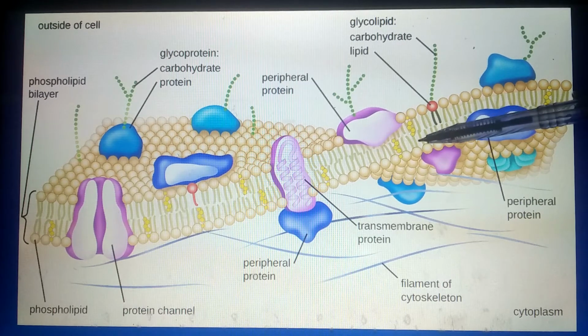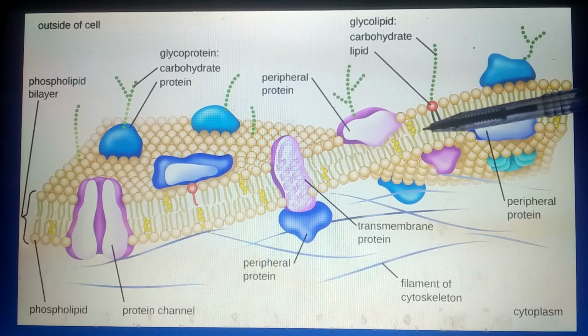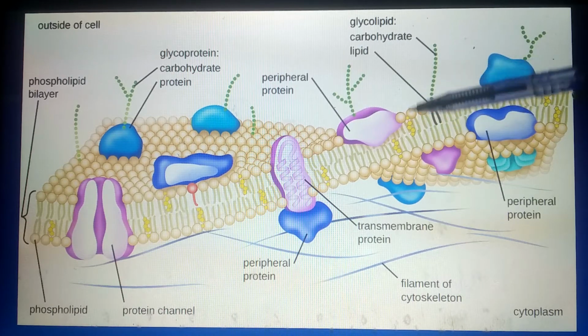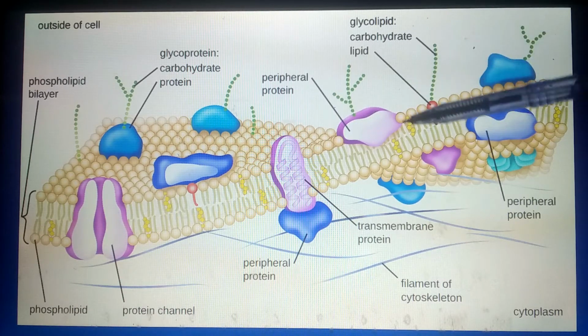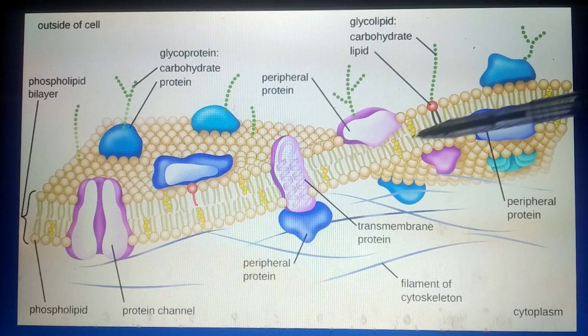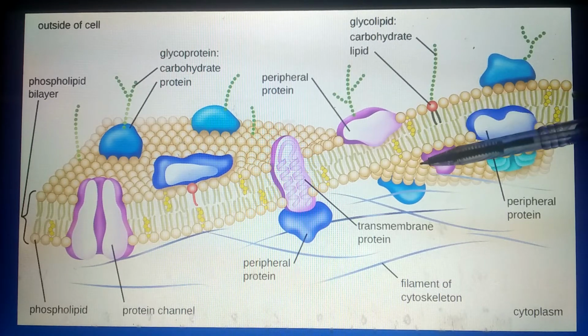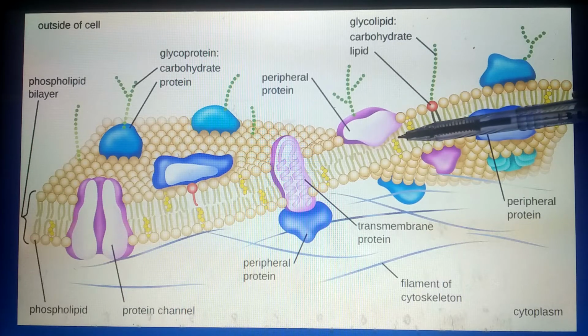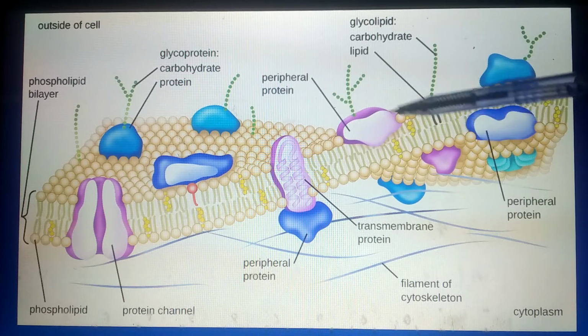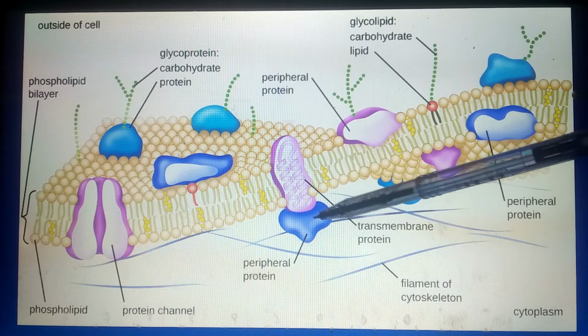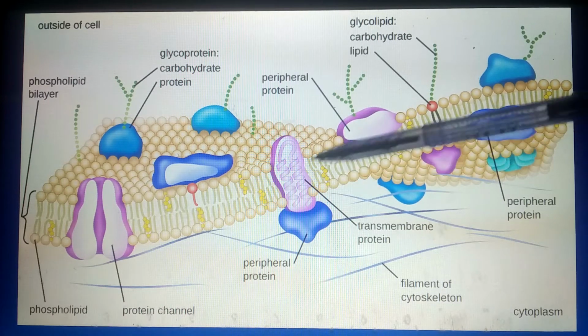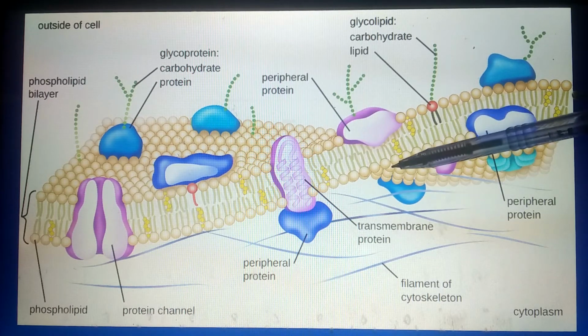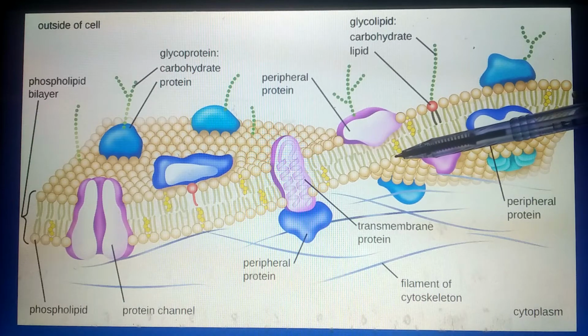Is it clear? The first thing is small size, and the second is that molecules which dissolve in the lipids, the phospholipids, can easily be transported through the cell membrane. Other ions and large molecules pass through channels, and protein pumps are used for that purpose. Is it clear?